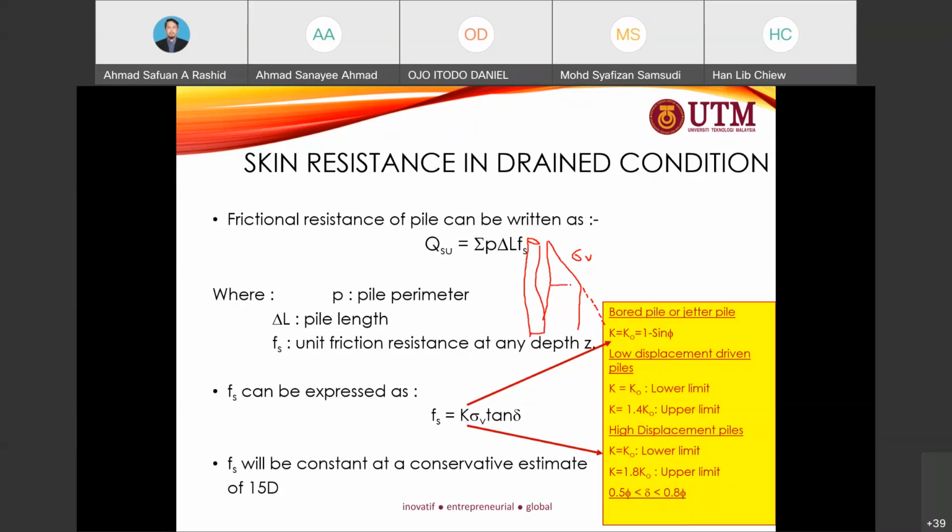So starting from the 15 meter pile depth to the end of the pile, the sigma V is the same.